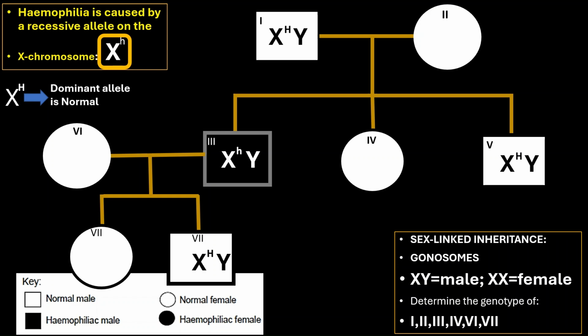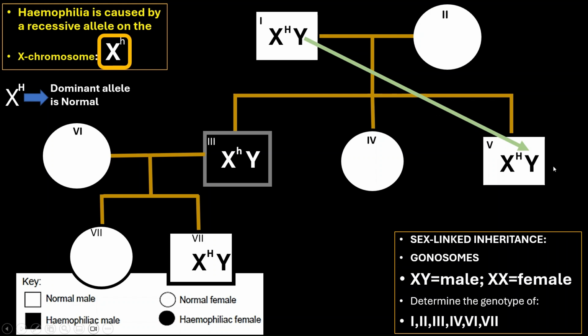Then let's go to the other one. Let's find out, because remember it was 1 and 2 that produced this individual. And we all know for it to be a male, you must have the Y chromosome. Without the Y chromosome, you can't be a male. That means the Y chromosome that he carries, he inherited from the father.